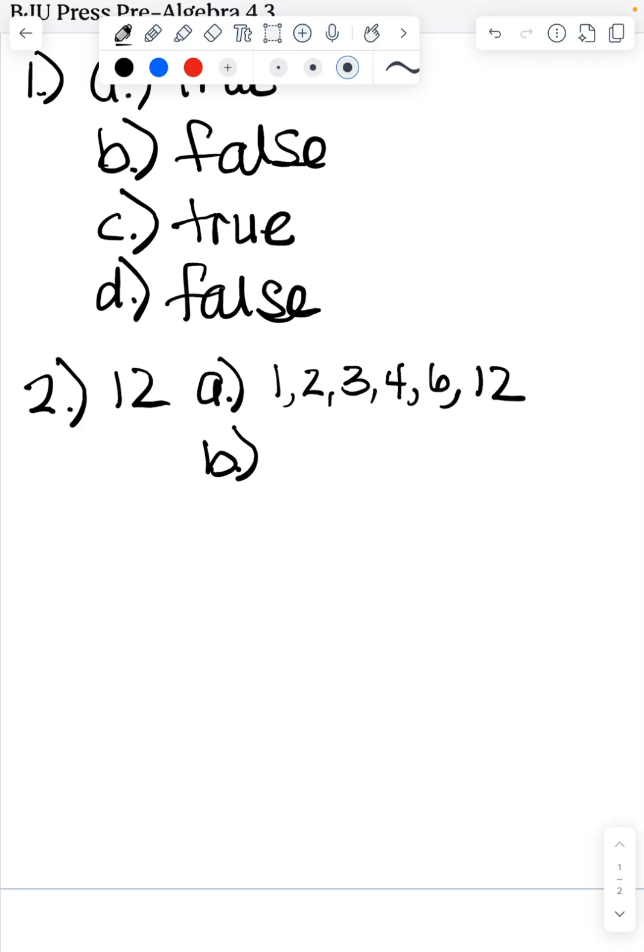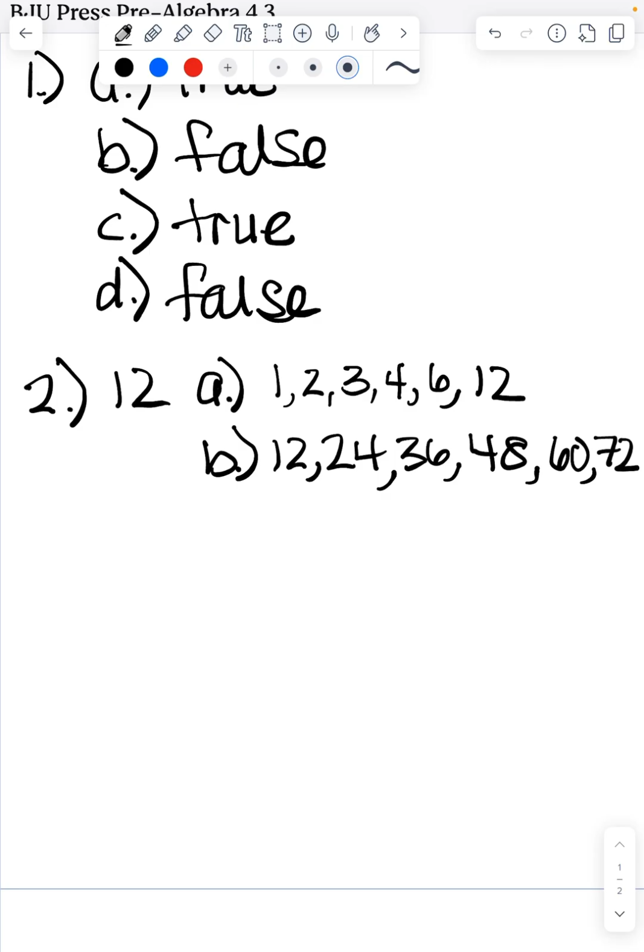And then for B, the first 6 multiples. This is going to be 12 times 1, which is 12. 12 times 2, which is 24. 12 times 3, which is 36. 12 times 4, which is 48. 12 times 5, which is 60. And 12 times 6, which is 72.